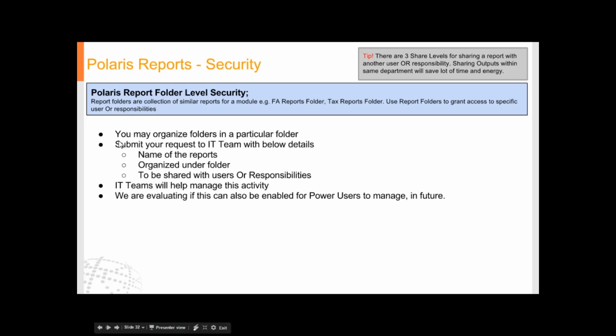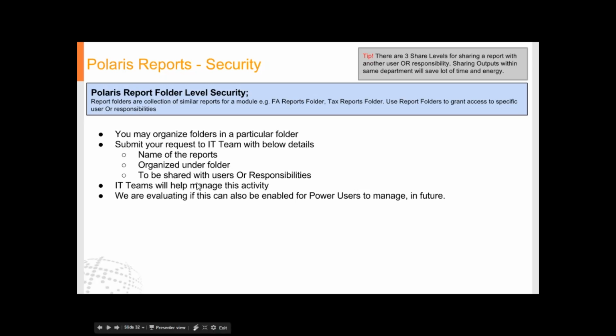Once you have done that, submit a request to the IT team with the details of all those reports. When you submit the request, provide these details: the name of the reports, the group of people and responsibilities you want to make them available to, and which folder these reports should be available under, like the FA report folder, so that it follows a standard sharing mechanism.